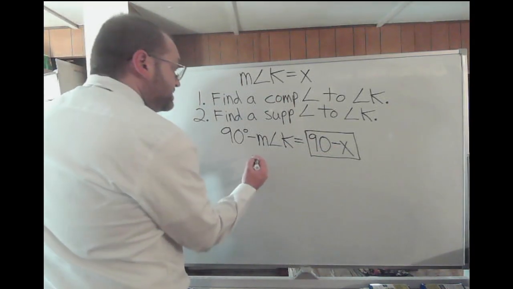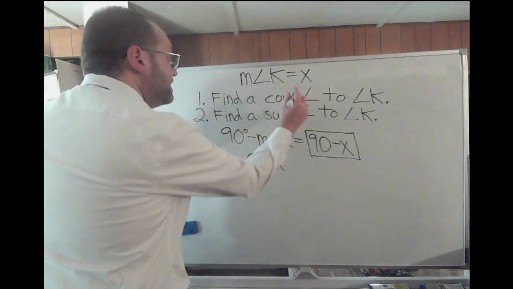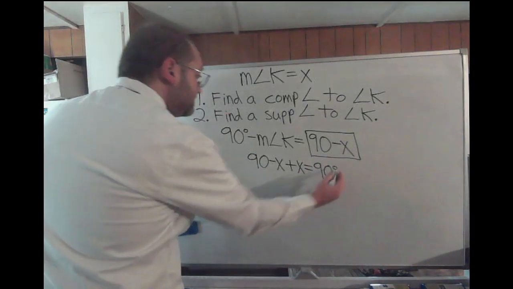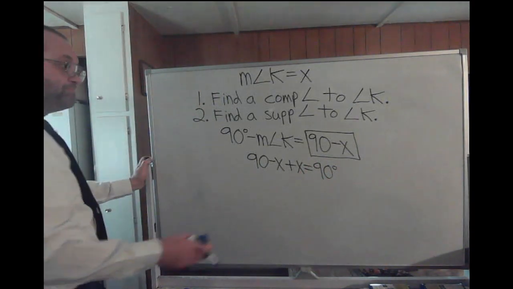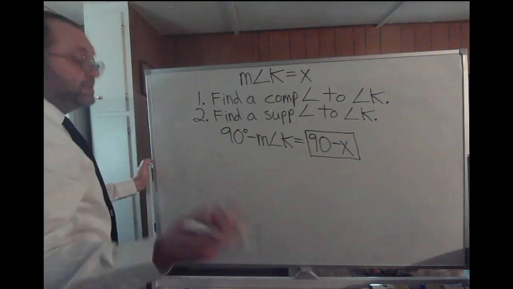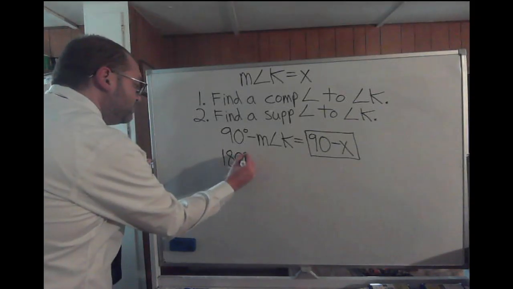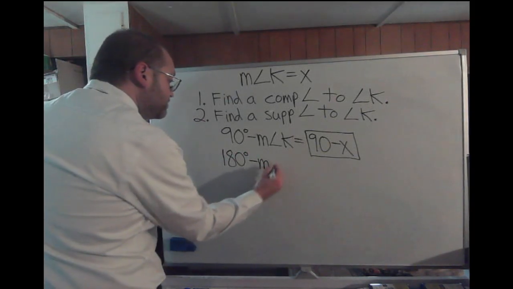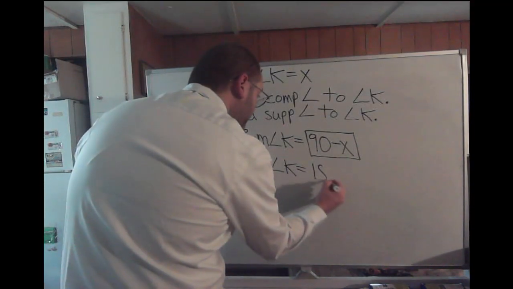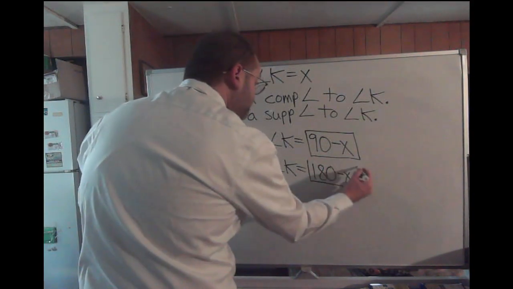And let me prove that to you. If I take 90 minus x, then I add that x to it, what do you know? I'll get 90 degrees. That's how you can check it. So yes, the complement would be 90 minus x. And then we'll take the supplement. The supplement is going to be equal to 180 degrees minus the measure of angle K, which therefore would be 180 minus x, which will not simplify any further.